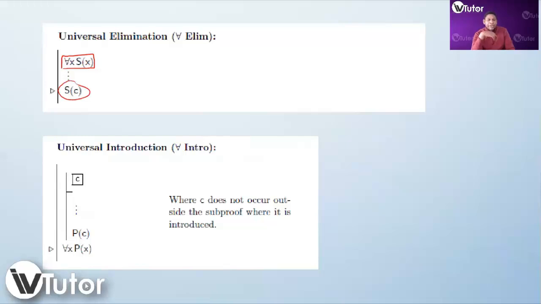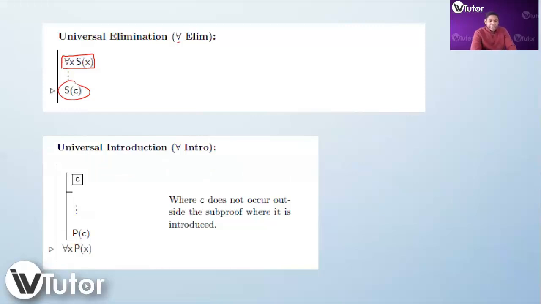So what happens, and you're going to see it in a bit, is that we call this universal elimination, where we eliminate the universal quantifier. Now, before we look deeper into that, let's look at universal introduction.